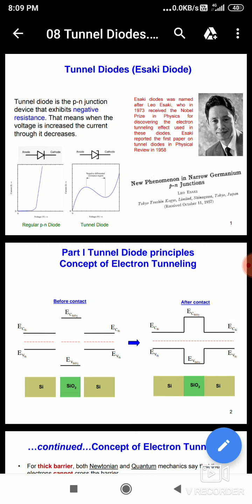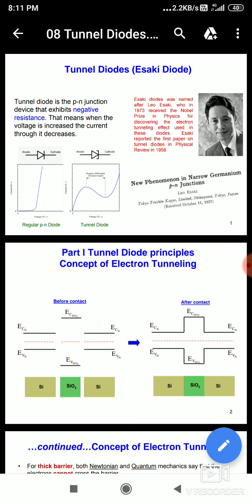Now we will discuss the concept of tunneling. The depletion region or depletion layer in the PN junction diode is made up of positive ions and negative ions. Because of these positive ions and negative ions, there exists a built-in potential, and because of this built-in potential, the depletion region exerts an electric force.